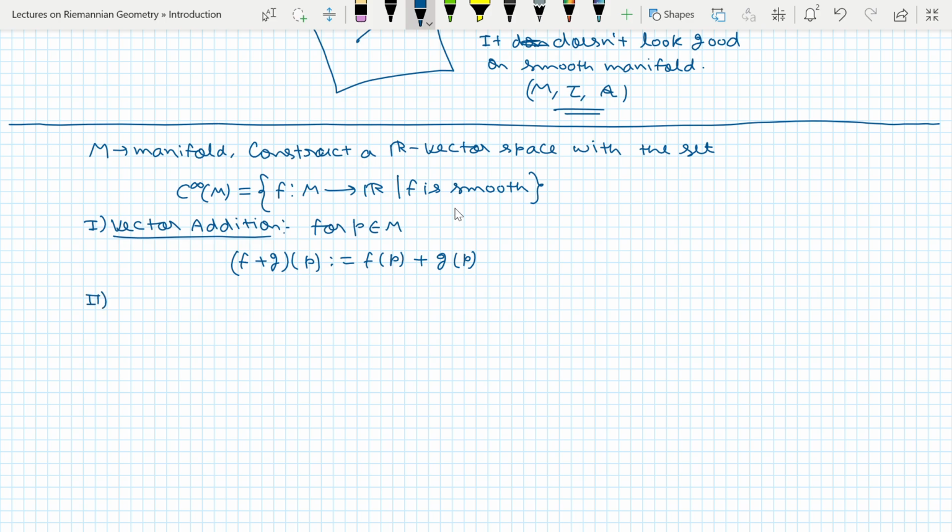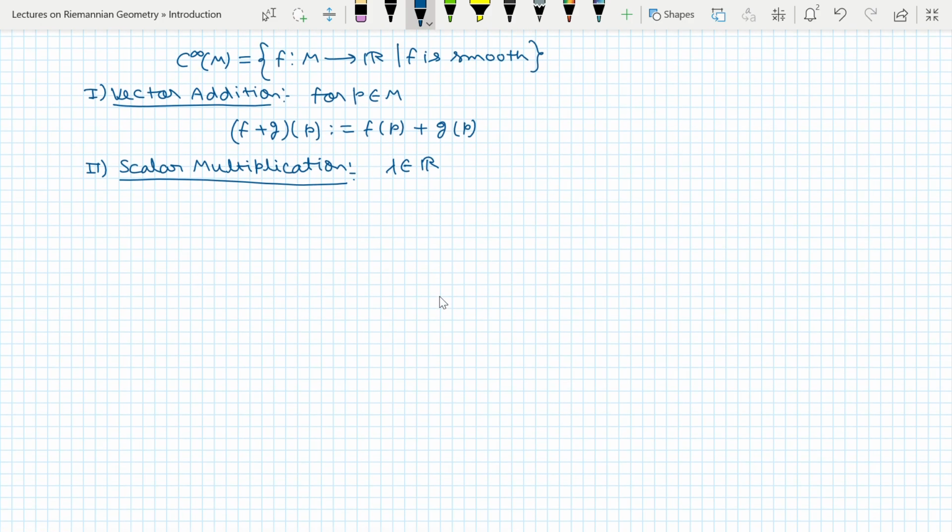The second thing is the scalar multiplication. So you take some scalar, let's say lambda, from R, and you define your scalar multiplication just like the vector addition above. So (lambda times f) evaluated at the point p is defined to be lambda times f evaluated at the point p.